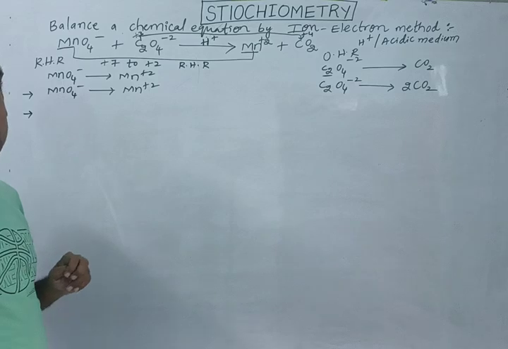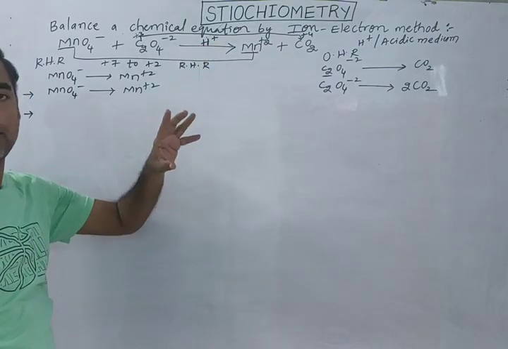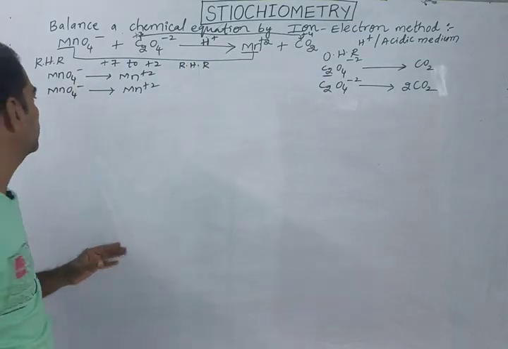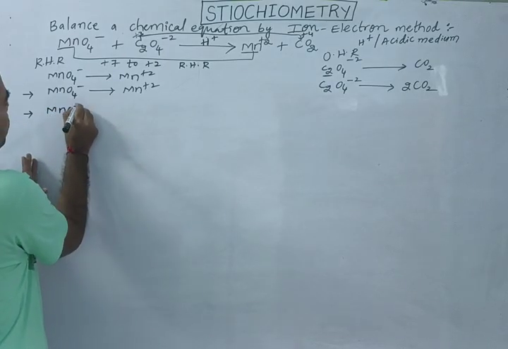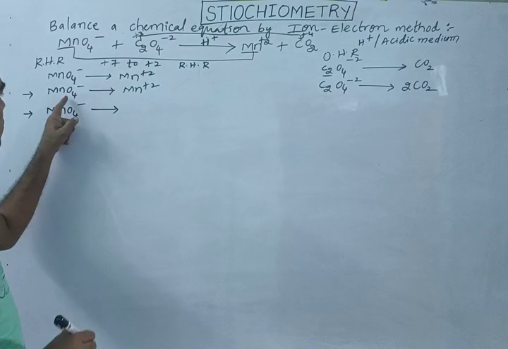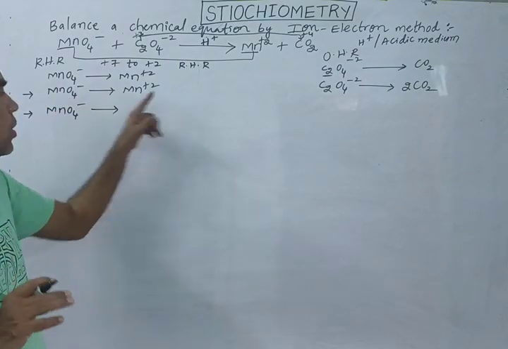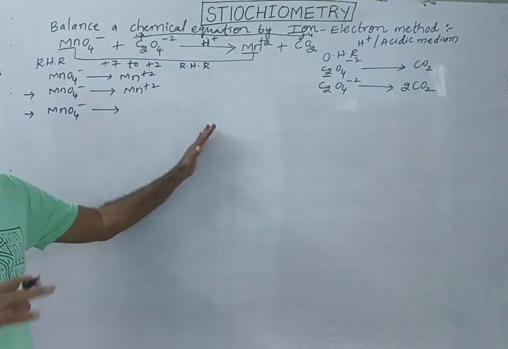balancing the oxygen. To balance the oxygen in acidic medium, we should add water molecules only. See, MnO4 minus: how many oxygens? 4 oxygen atoms, and on the right no oxygens. Four oxygens means we should add 4 water molecules on the required side.